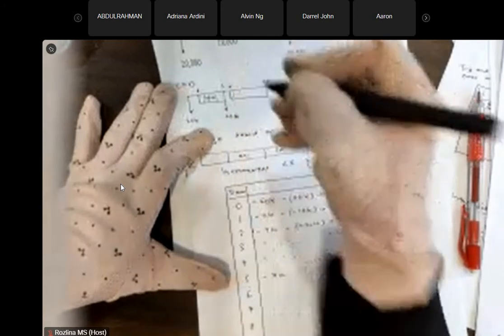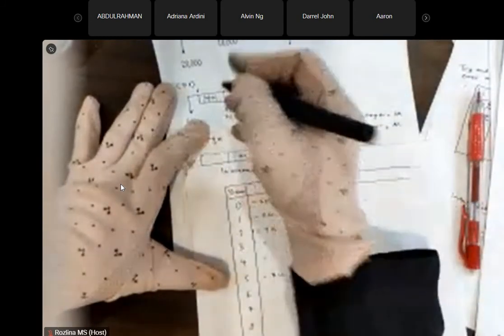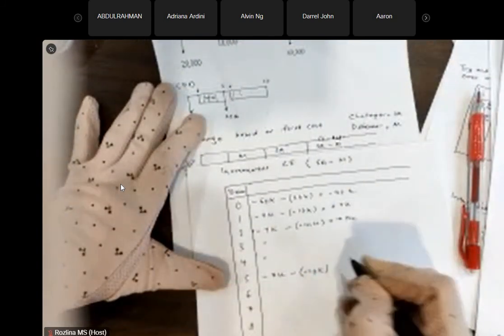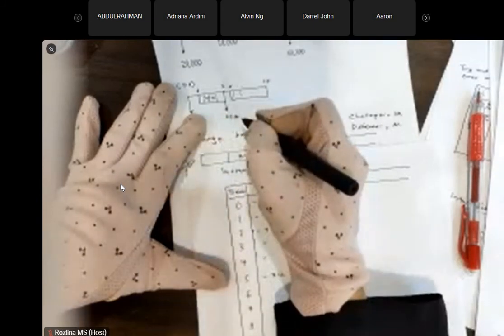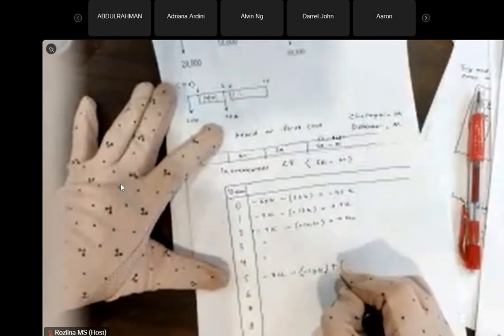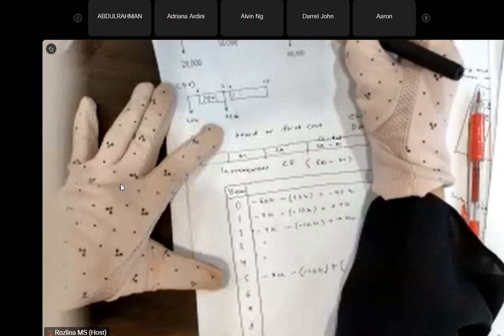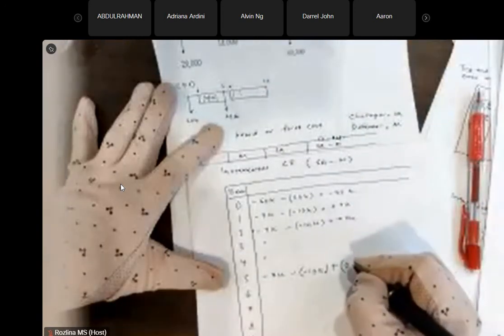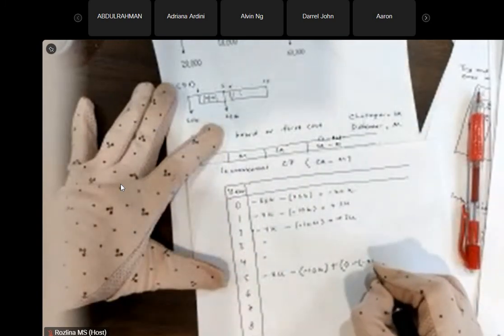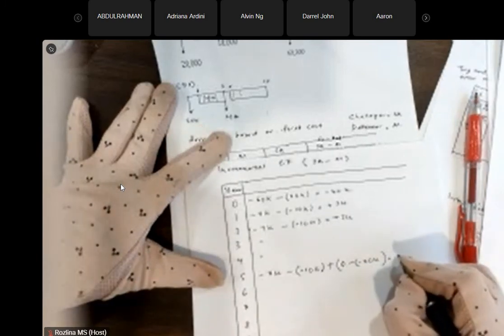Challenger 7K minus negative 10K, and then you have what, apa lagi? Kita ada apa lagi? Yang ni tak ada, tapi yang ni ada. Okay, plus, tengok yang depan dulu, challenger. Challenger, they don't have any dekat sini F, dekat fifth year ni. So it is 0 minus negative 20K. So the answer is positive 3,000.